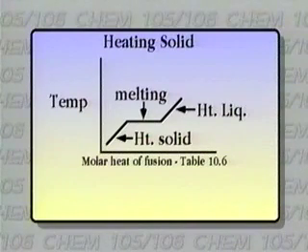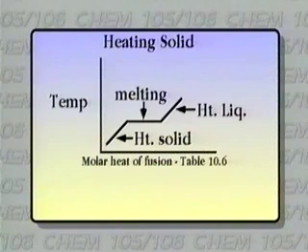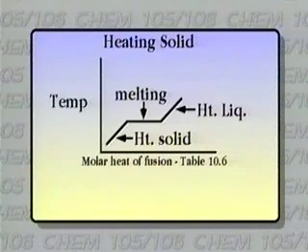But once the solid begins its phase change, which we call melting, or the reverse of melting is fusion, once we begin that, then the temperature doesn't change until all of the solid has melted. Once all the solid has melted, we can begin to heat the liquid. So now over here we're heating the liquid. But notice that the temperature remained constant as we went through the phase change.